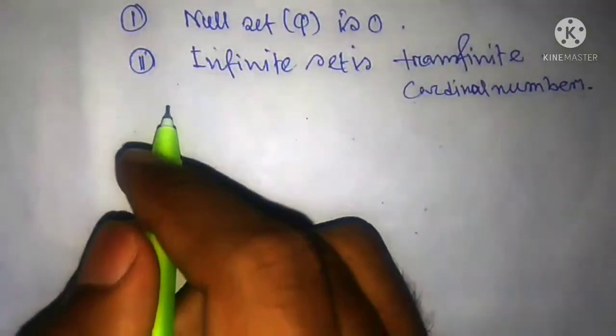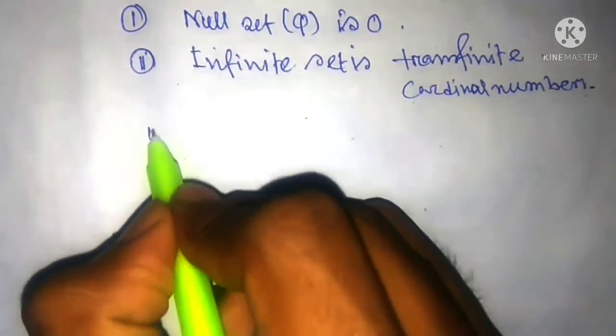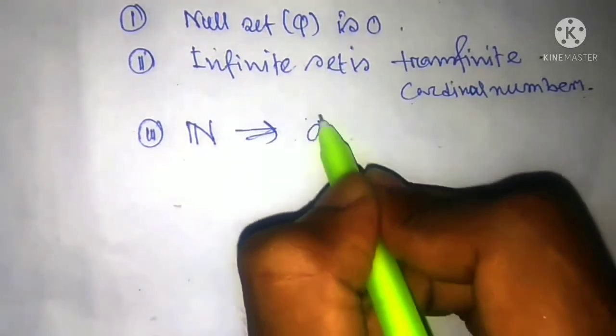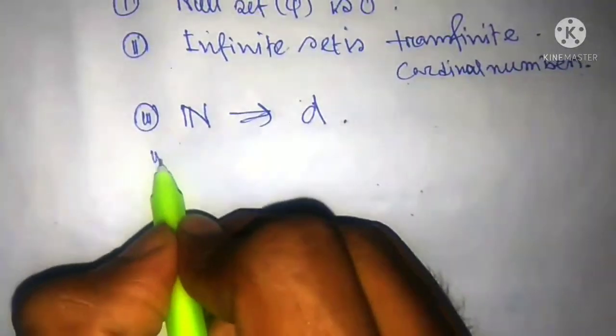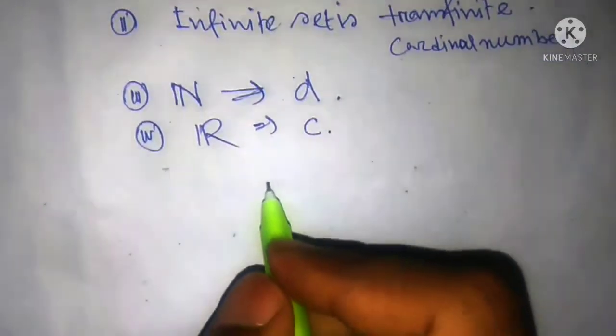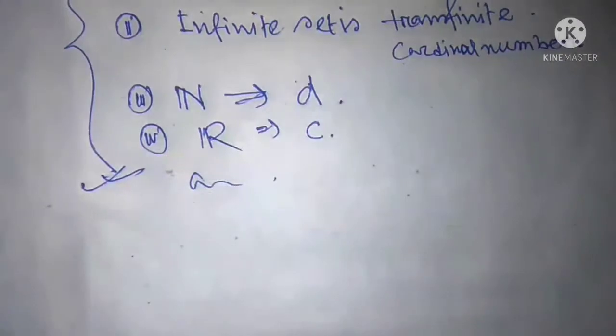Okay, and the cardinal number of the set of natural numbers is denoted by small d, and the set of real numbers is denoted by small c, and so on. Some important points are discussed here.